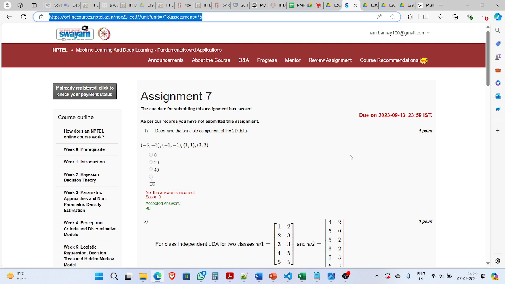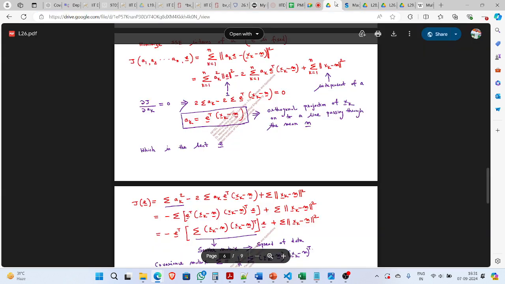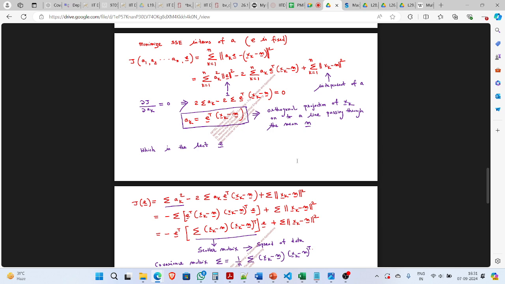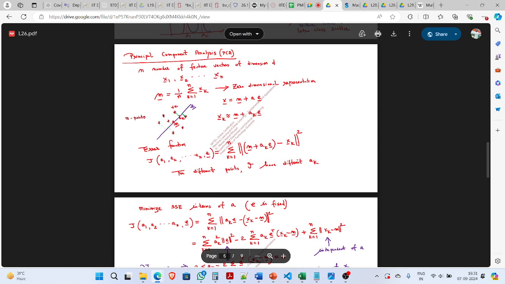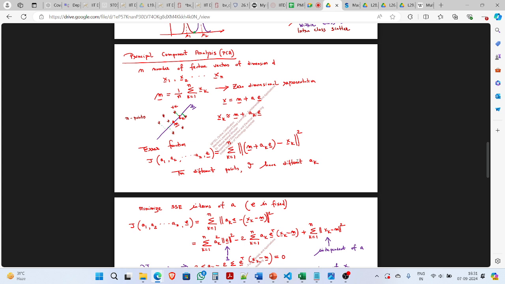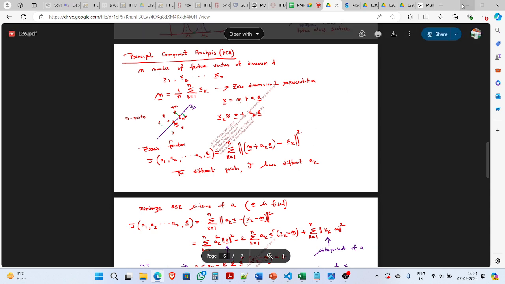As you can see, these are the ones. It will be two-dimensional, that's for sure. We'll come back to this problem later.